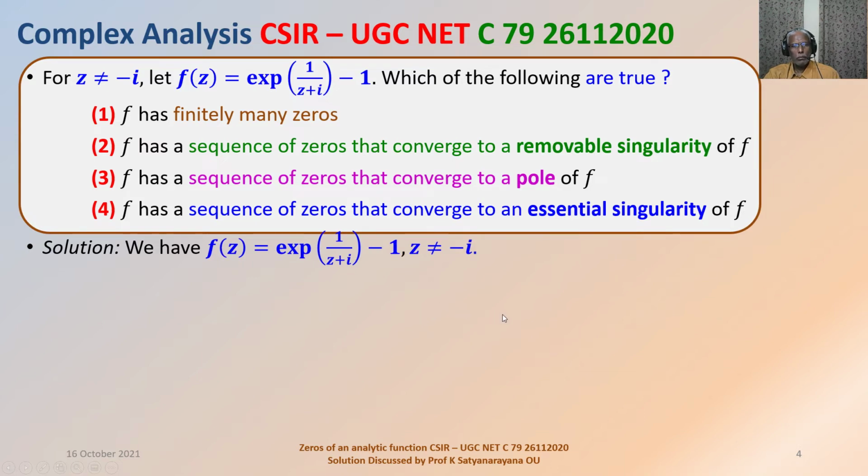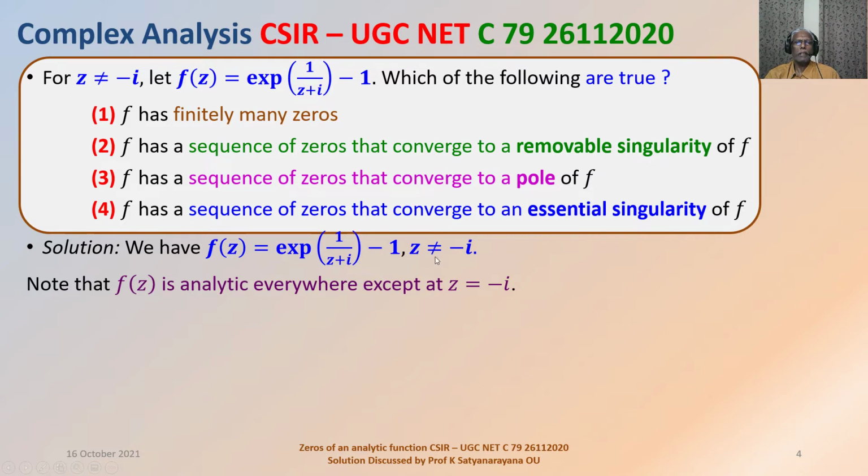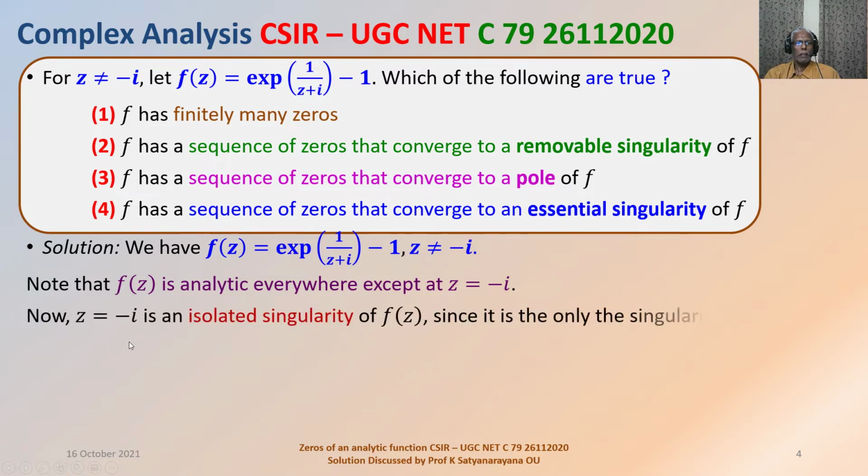Solution. We have f of z is equal to e power 1 by z plus i, minus 1, where z not equal to minus i. Notice that the function f of z is analytic everywhere except at z is equal to minus i. Now, z is equal to minus i is an isolated singularity of f of z because it is the only singularity of f of z.